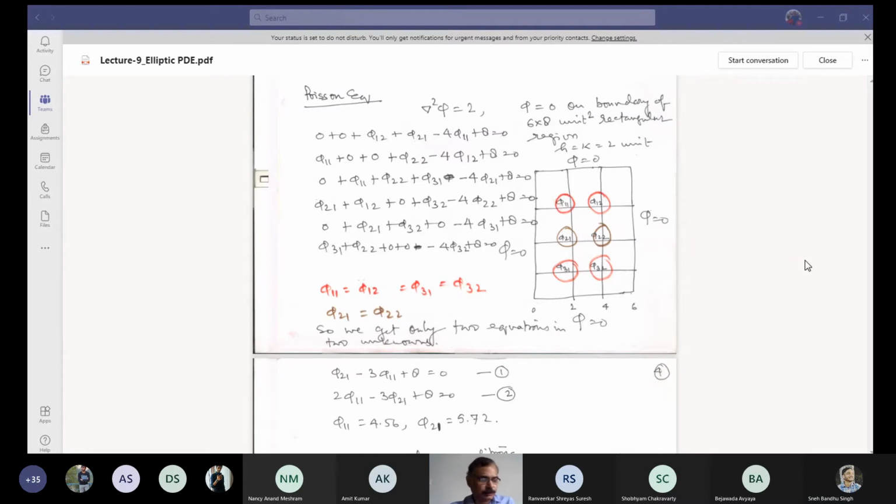Okay, so these two problems are clear. Yes, sir. Okay. Next is one more method, that is called the 5-point method. If you see the total number of points, how many points are there?